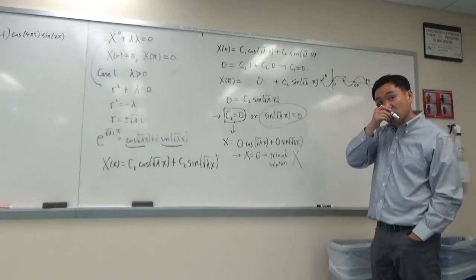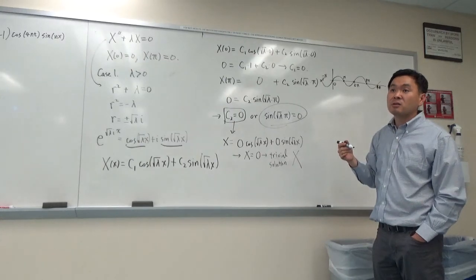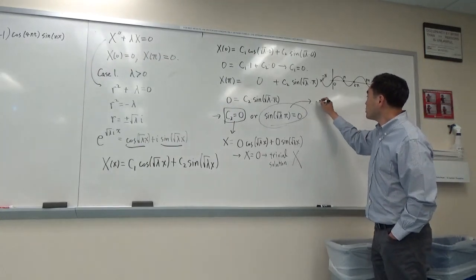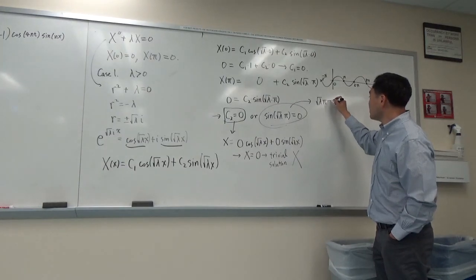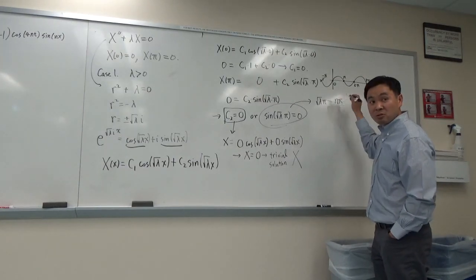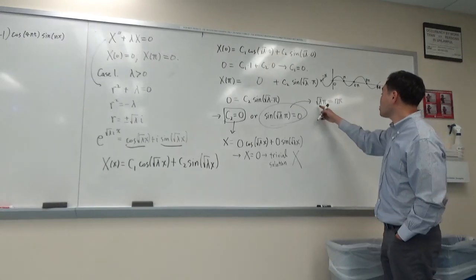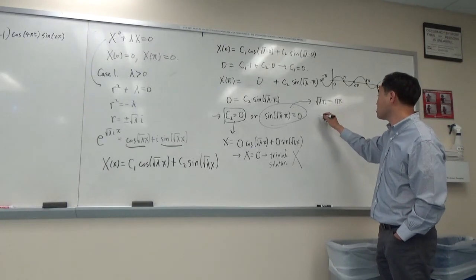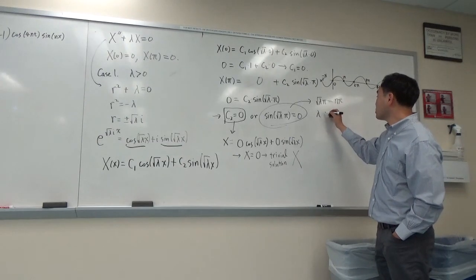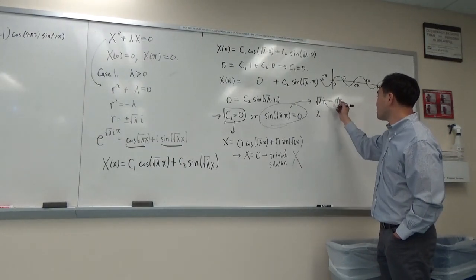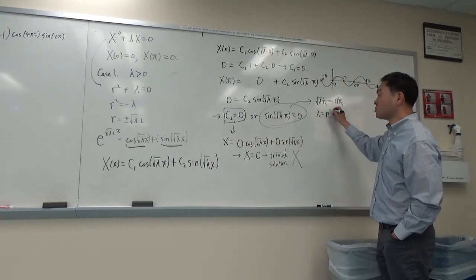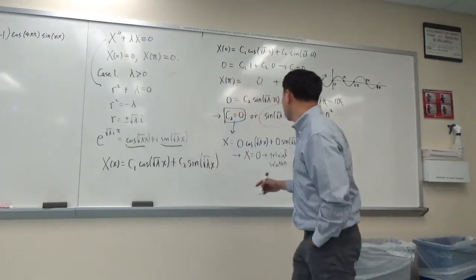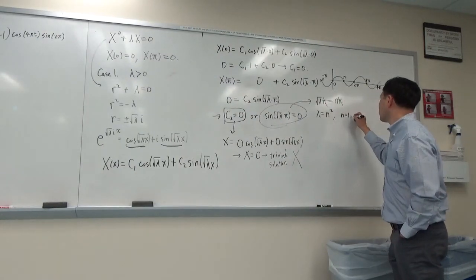When is sine equal to 0? Sine is 0 when the thing inside is equal to some integer multiple of pi. You solve this for lambda, and because lambda is positive, n must be positive as well. If you cancel the pi and square both sides, you get lambda equals n squared, with n equal to 1, 2, 3, and so on.